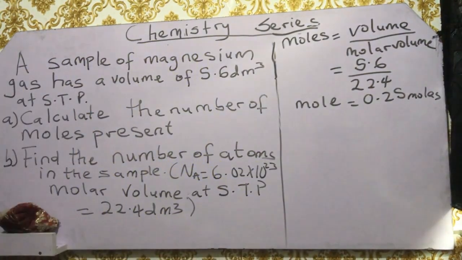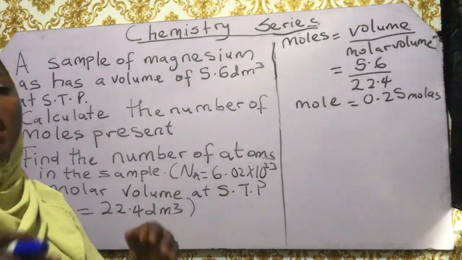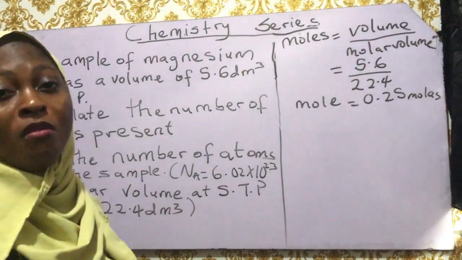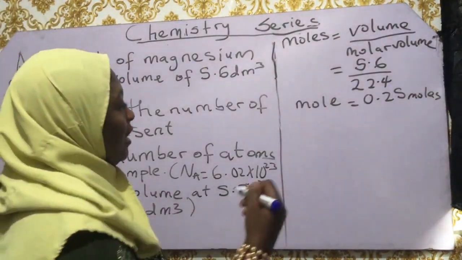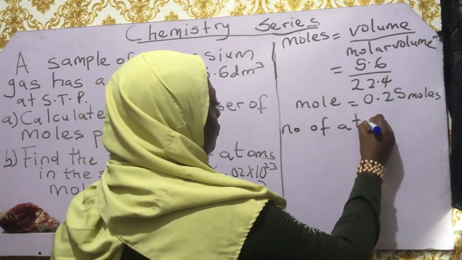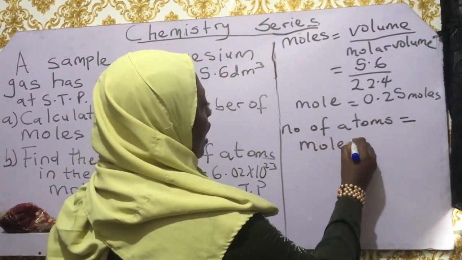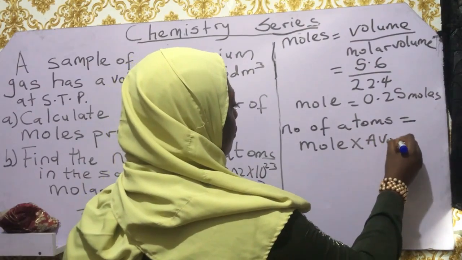Now, moving on to the second part of the question, which says find the number of atoms in the sample. We've also learned in the previous class that the relation between the number of atoms, mole, and Avogadro's constant is number of atoms is equal to mole times Avogadro's constant.